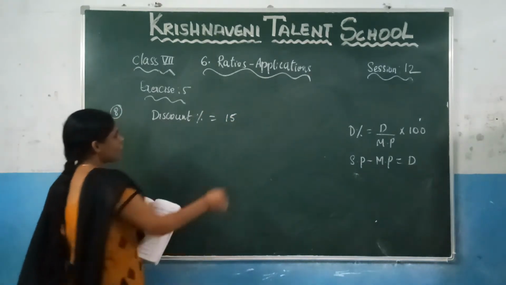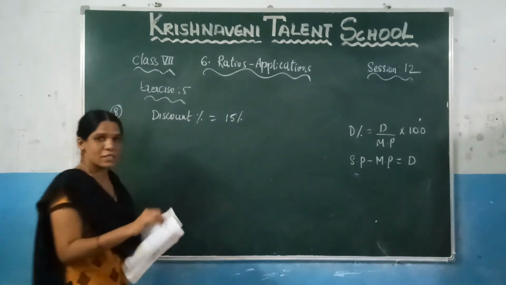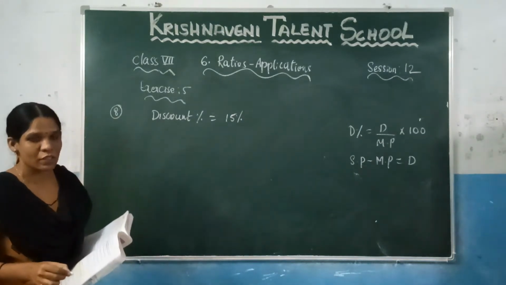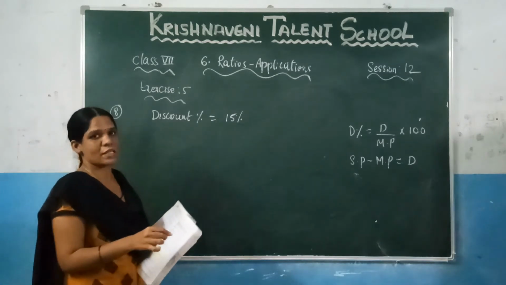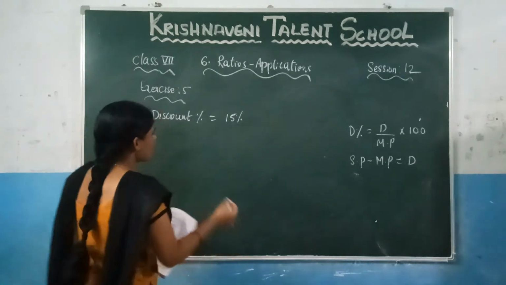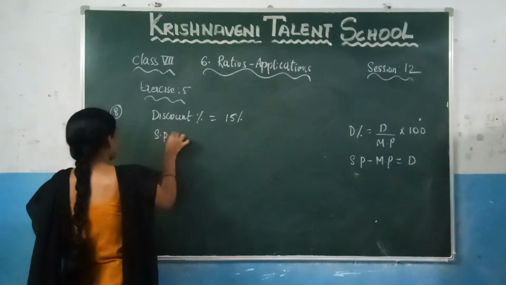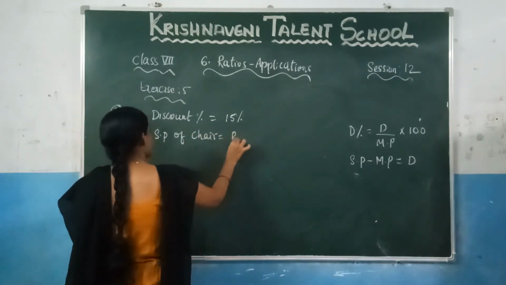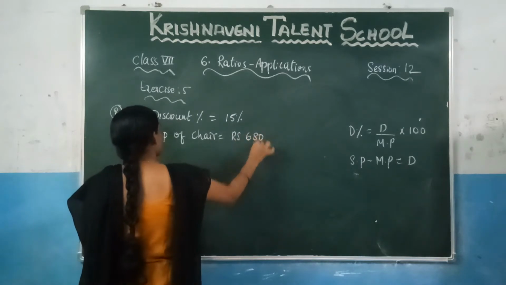And after that, they have given the selling price of the chair. After giving 15% discount, he had sold one of his chairs for 680 rupees. So they have given the selling price of the chair, which is equal to 680 rupees.